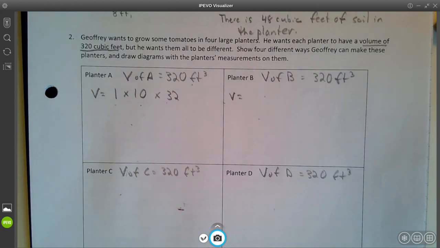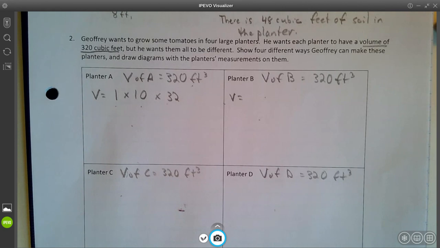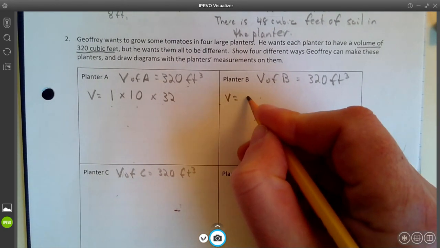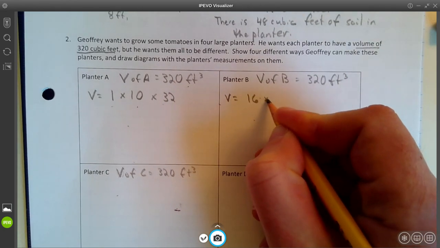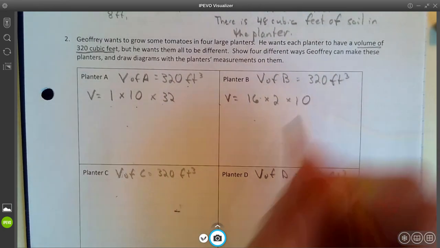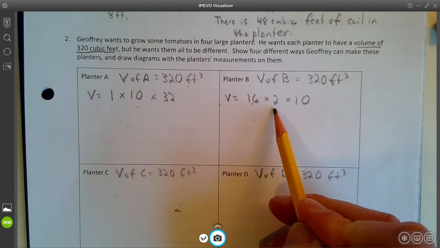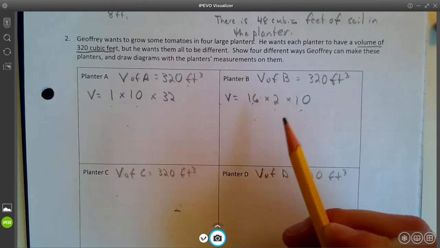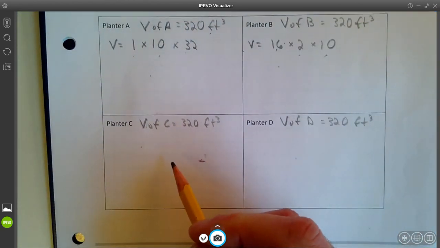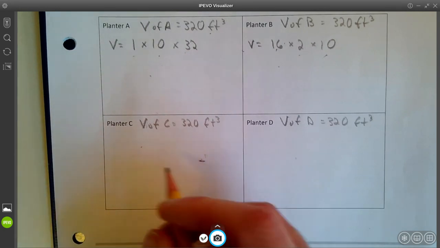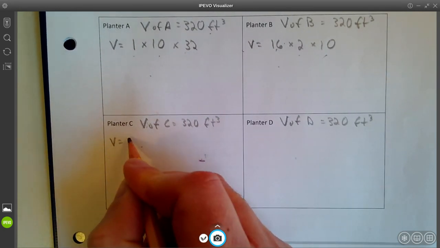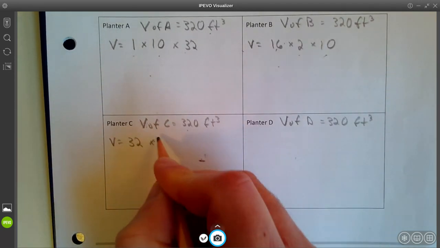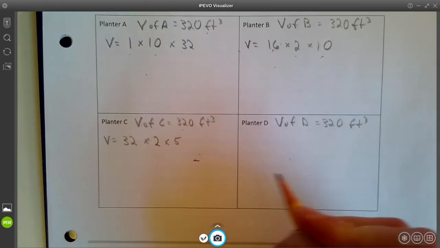How about, let's see, 32 times 10, 2 times 5. How about 16 times 2 times 10, right? 16 times 2 is 32. Multiply that by 10. How about 32 times, instead of saying 32 times 10, let's do 2 times 5. 2 times 5.